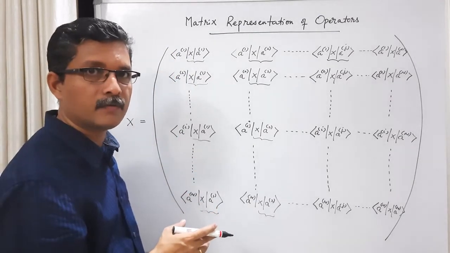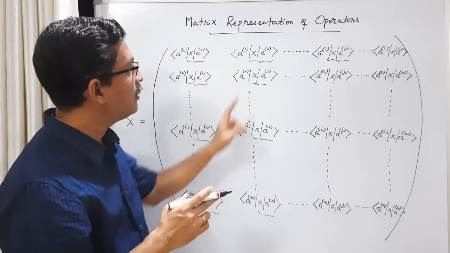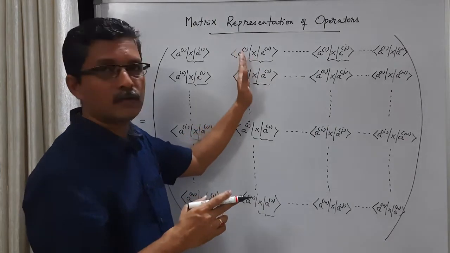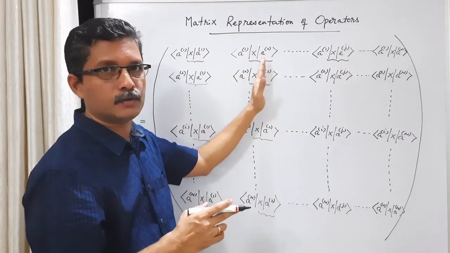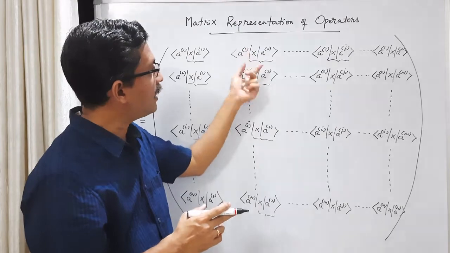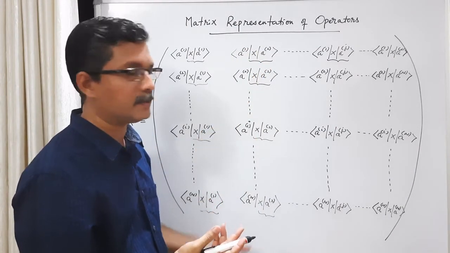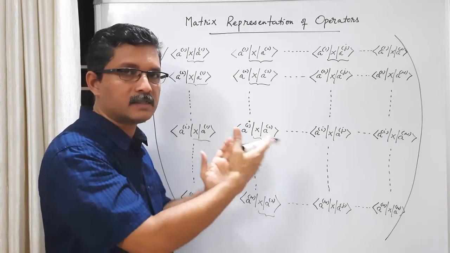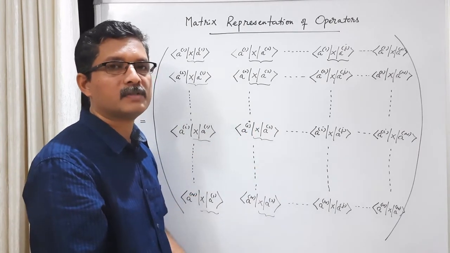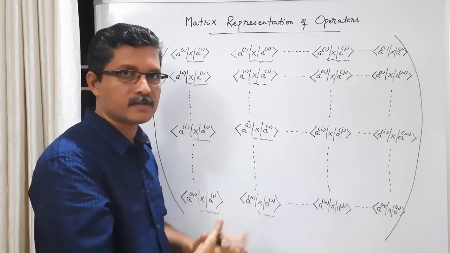The second column represents the action of the operator on the second base vector a2. We get x a2 as the modified base vector, and we get its n components like that. So we can understand this matrix representation of x column wise.